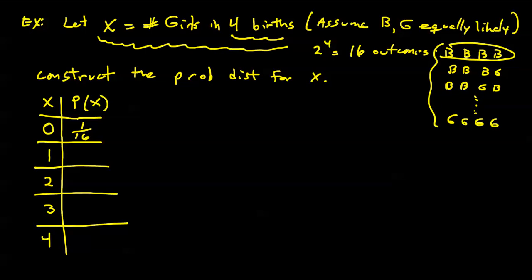Alright, let's go on. If I've got 1 girl in 4 births, well, 1 girl means you've got 1 girl in 4 possible slots, 4 possible places for that 1 girl. Hence, 4 out of 16 outcomes will have 1 girl. Hence, a 4/16 probability of 1 girl.